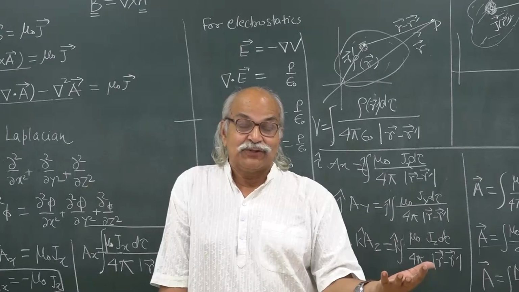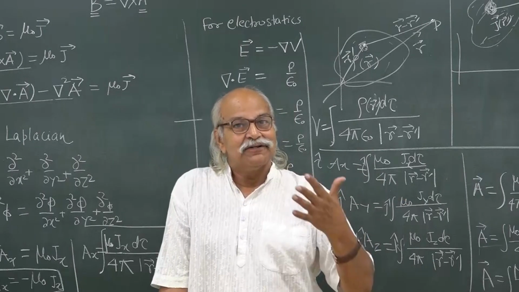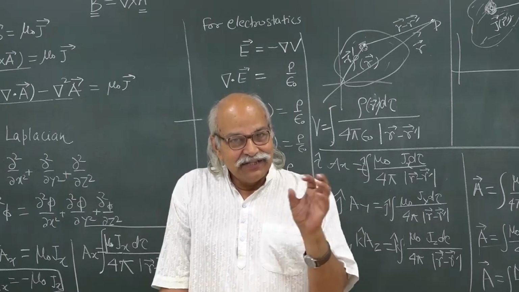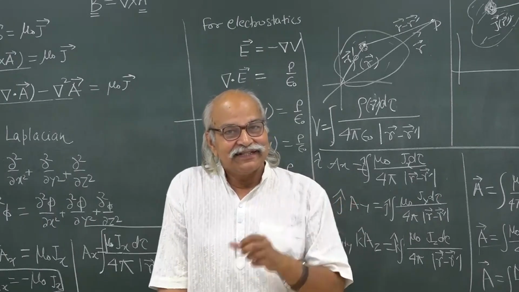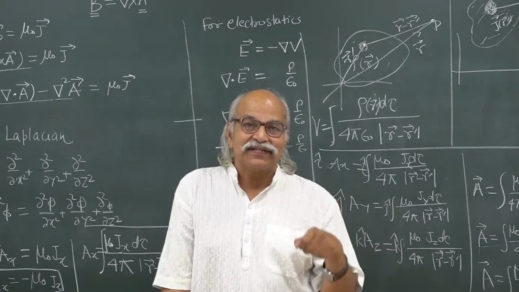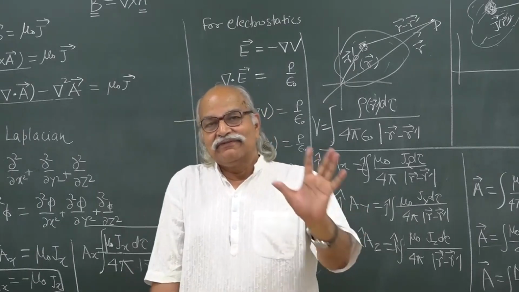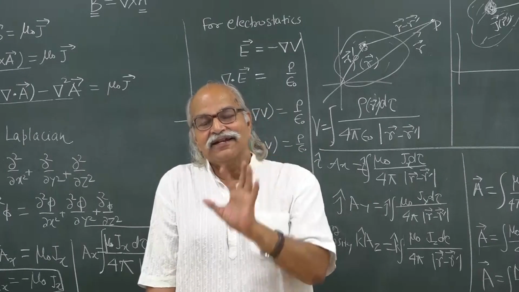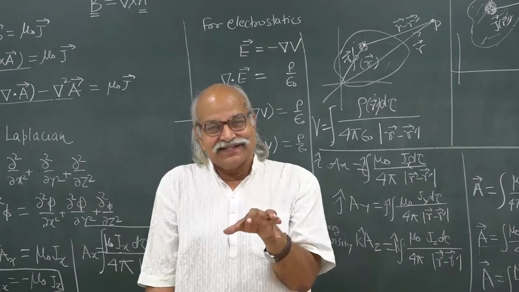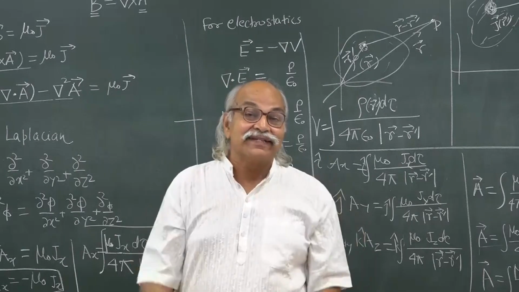Current density is given to you, the x component of current density. We will have separate calculations for Ax, Ay and Az. For each component, this recipe is to be used. I am looking for Ax, the x component of vector potential. The current density is given to me everywhere there is a current, and we will assume that the x component of that current density is actually a charge density.